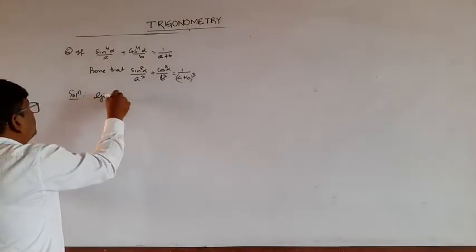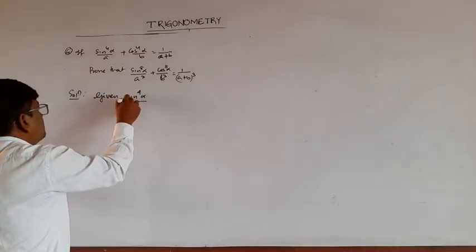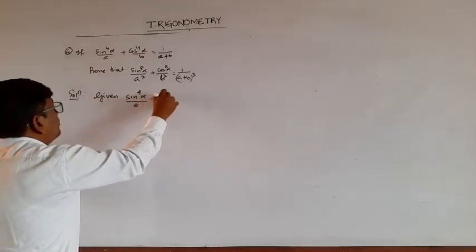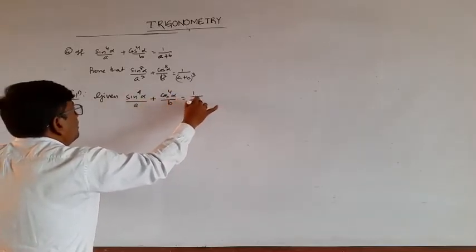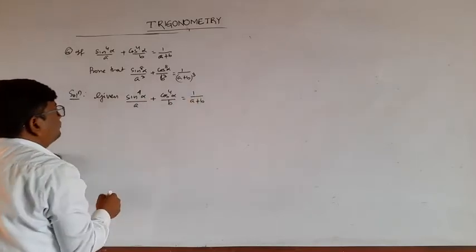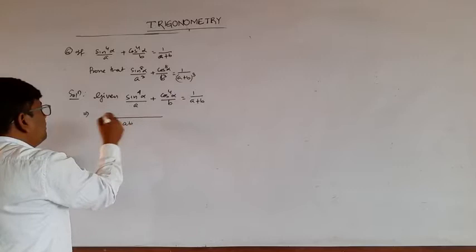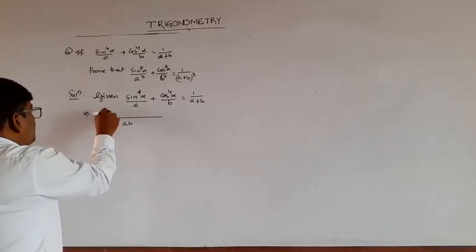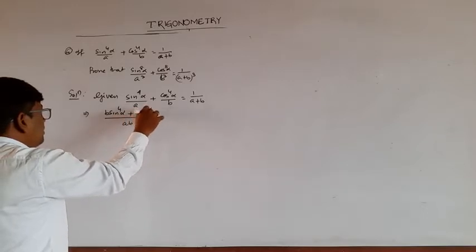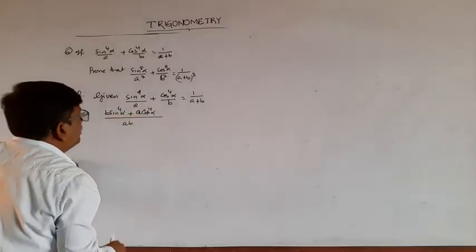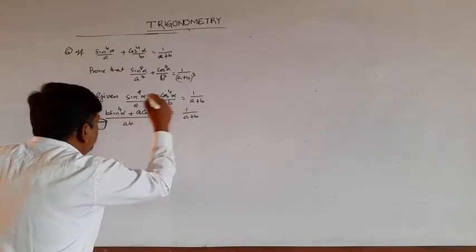Given: sin to the 4th alpha by a plus cos to the 4th alpha by b is equal to 1 by (a plus b). Taking LCM here, that is ab: b sin to the 4th alpha plus a cos to the 4th alpha is equal to 1 by (a plus b).